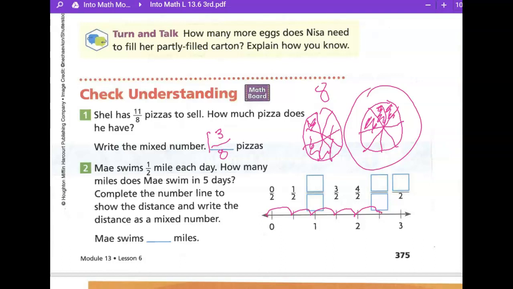Okay, so 1/2, then it would be 2 halves, 3 halves, 4 halves, 5 halves, and this would be 6 halves. But she only swims 5 days, 1/2 mile each day. So we're at 5 halves. We went by 1 and 2, so she swims 2 whole miles, and then she goes 1/2 mile farther.